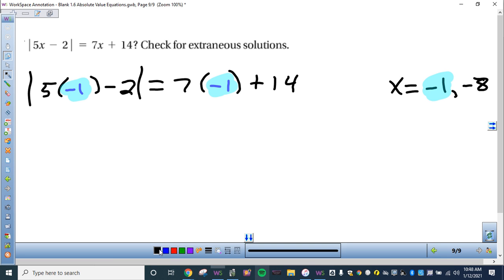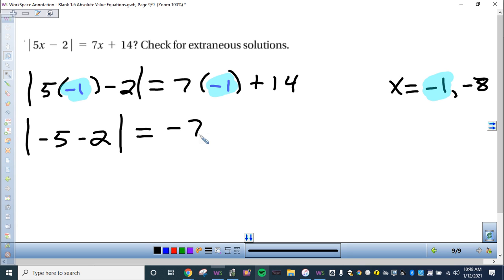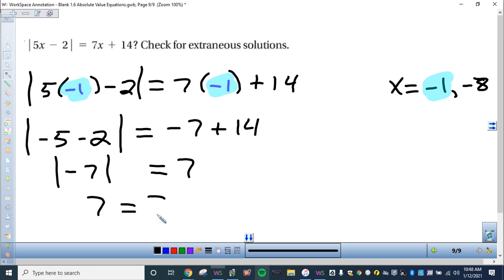On the left side here, we have absolute value of -5 minus 2. On the right side, we have -7 plus 14. Again, I like thinking of that as 14 minus 7. I think it's easier. Absolute value of -7 is indeed +7. So that one works. Big fat check.